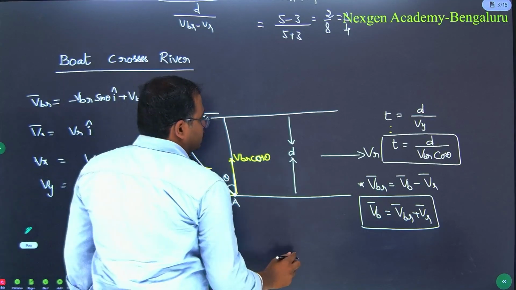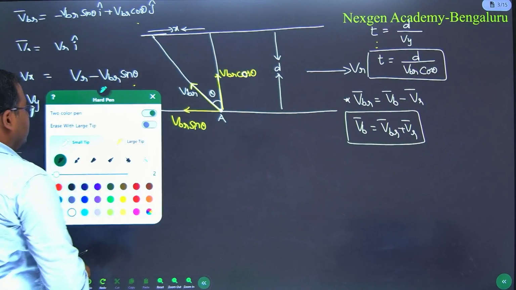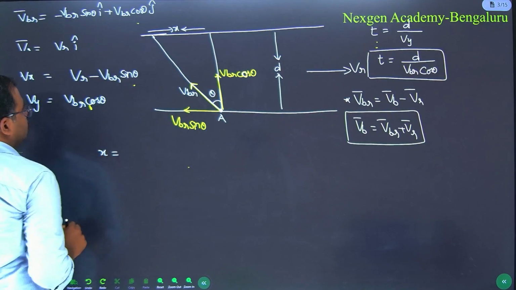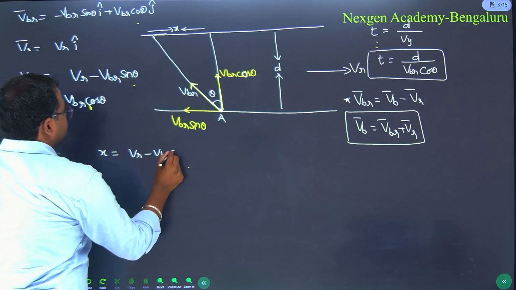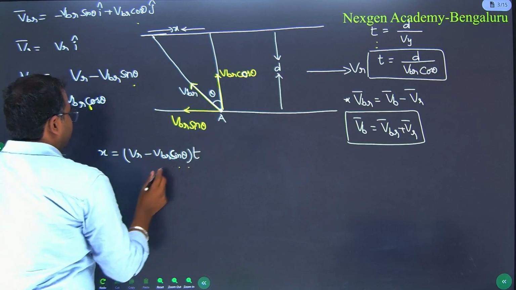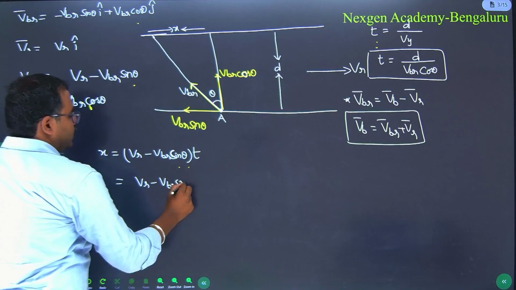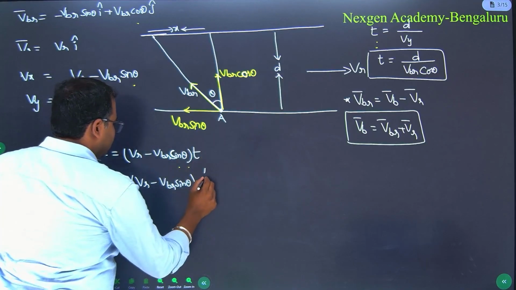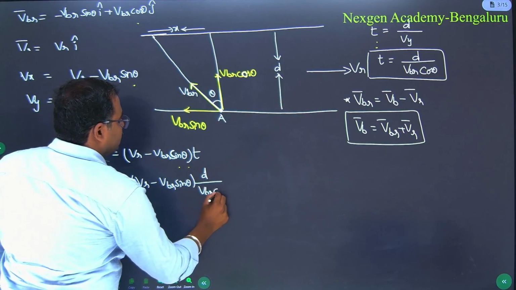This x is equal to velocity, VR minus VBR sin theta, into time. You can rewrite this as VR minus VBR sin theta into t, with t given as D by VBR cos theta.